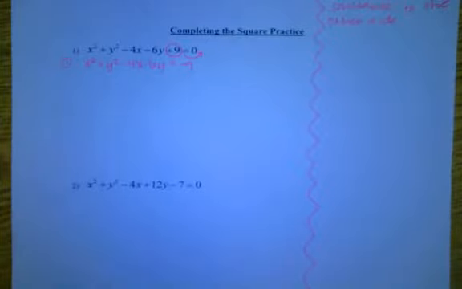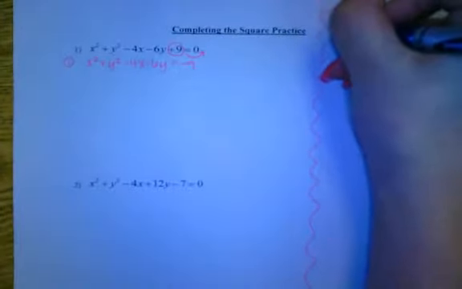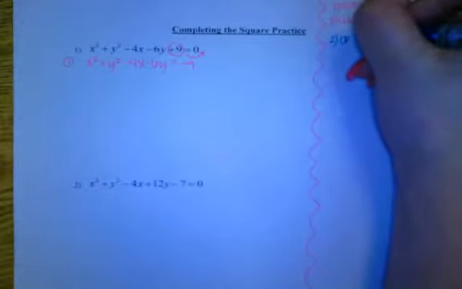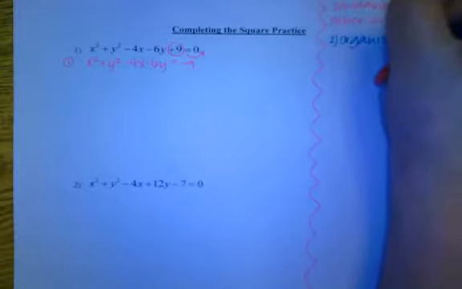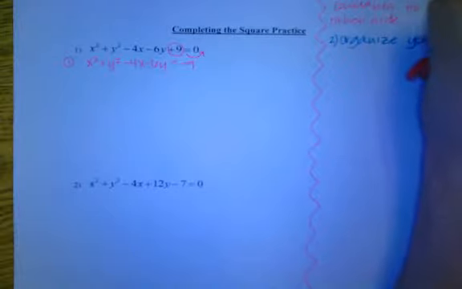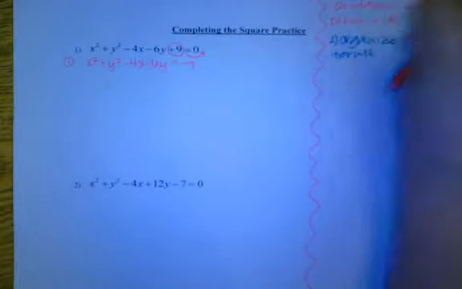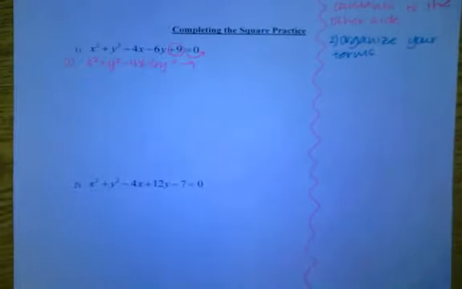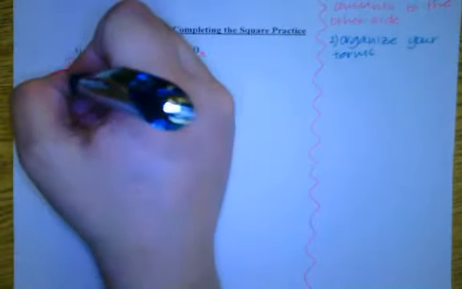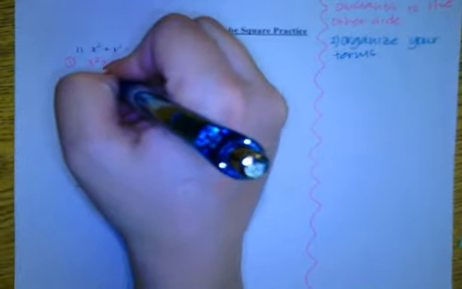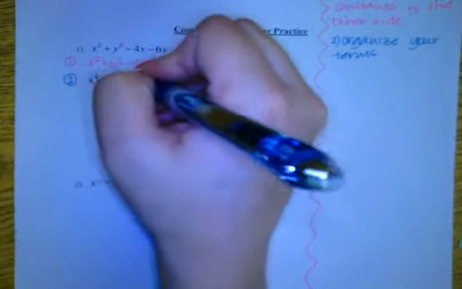Step number 2, organize your terms. What I mean by that is you want to put your x's together and your y's together. So I'm going to have x squared minus 4x plus y squared minus 6y equals negative 9.